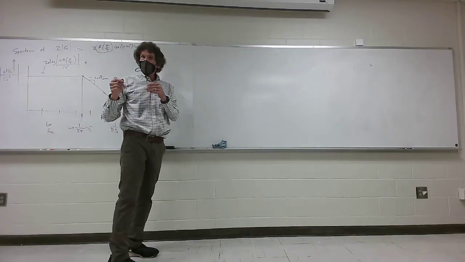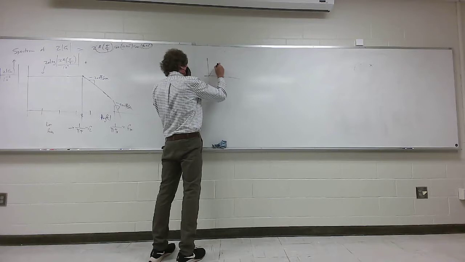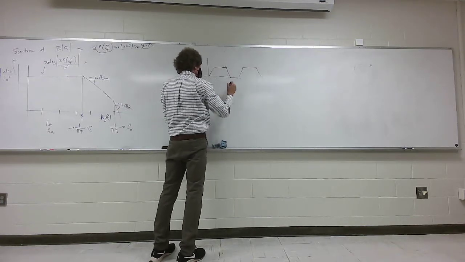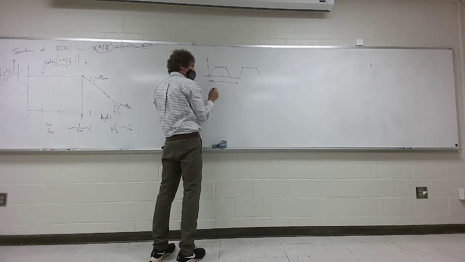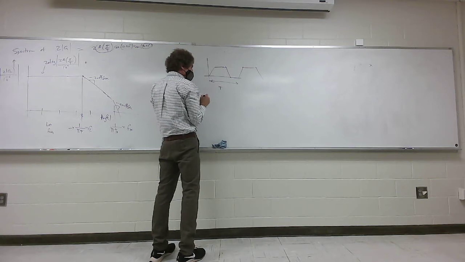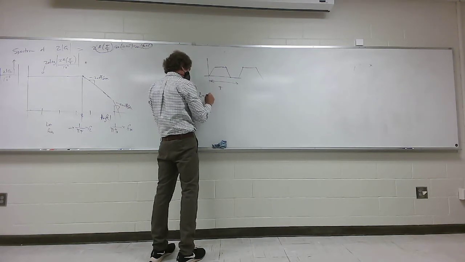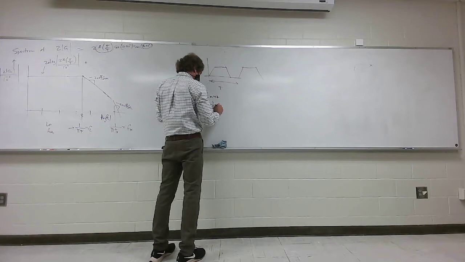All right? So I have this waveform right here. And I say that the actual value of t, or I should say the fundamental frequency, is 5 megahertz. So that means t is 1 over 5 megahertz.